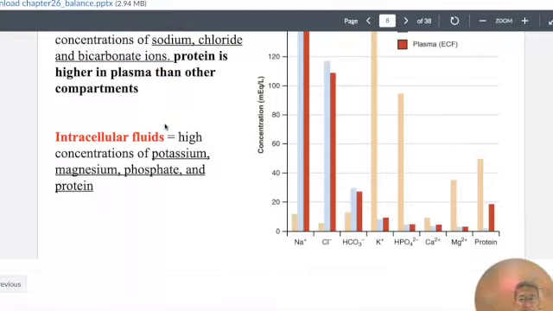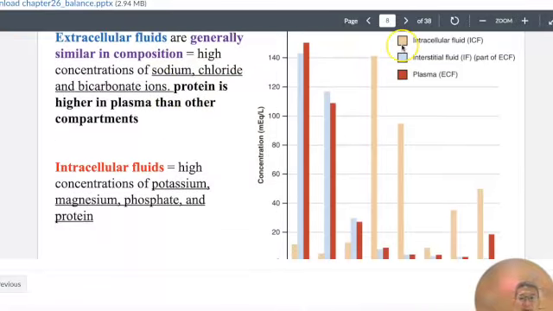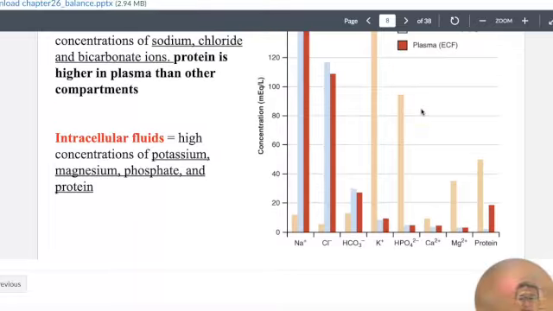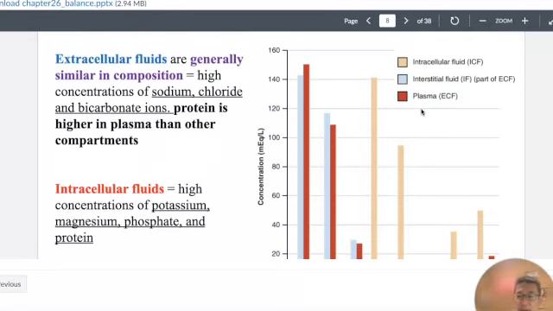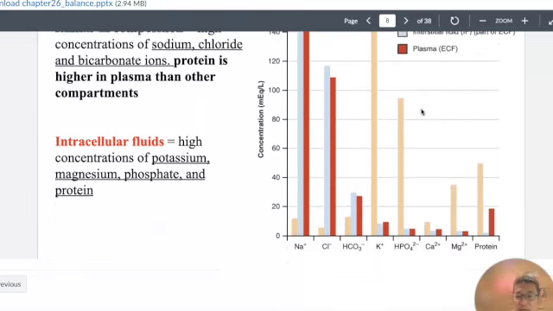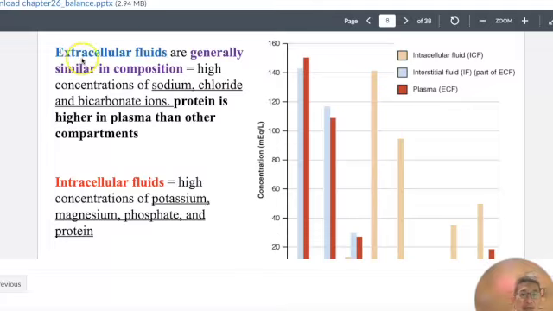So here we have a chart. The brown one is intracellular, and then the interstitial fluid, and then plasma. You have to remember this chart for the test. Extracellular fluid, which is comprised of interstitial fluid and plasma, has a high concentration of sodium, chloride, and bicarbonate ion.